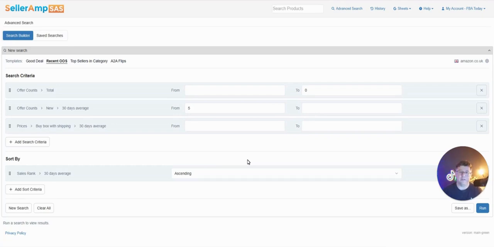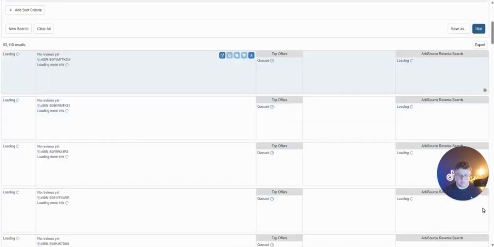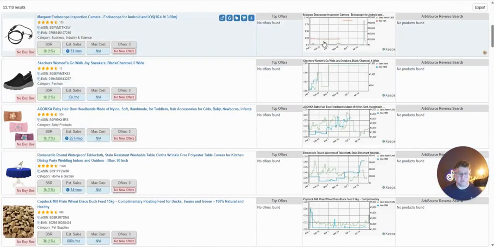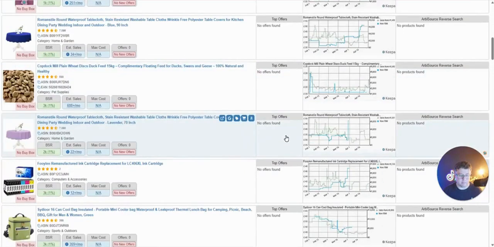So you've got to realize that would not be there. But I would be putting this around £20 for example, and as you can see, we are going to run. This is going to give us products which have been selling for an average of £20. No sellers on here. The offer count is going to be missing.